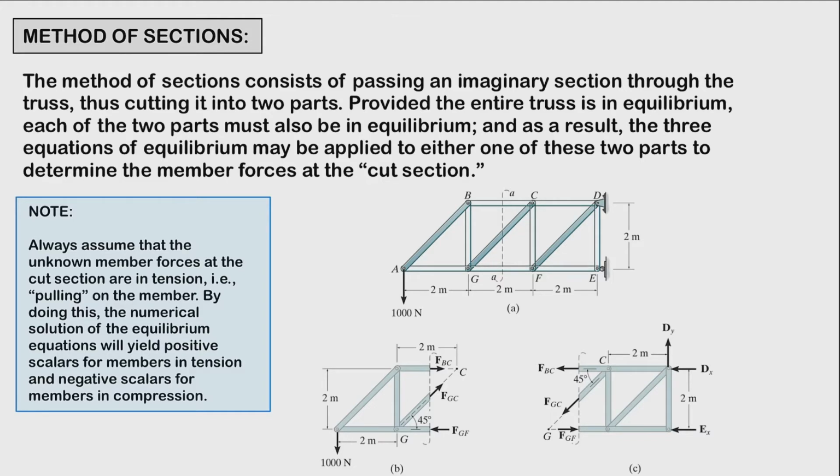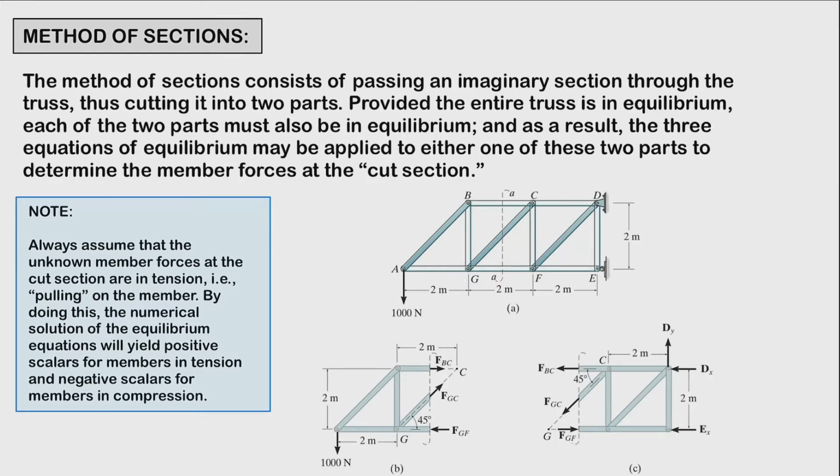By doing this, again, the numerical solution of the equilibrium equations will yield positive scalars for members in tension and negative scalars for members in compression. So when we apply our equations of equilibrium, whenever we have a positive sign or positive scalar, it would be under tension. And whenever we have negative, it will be under compression.